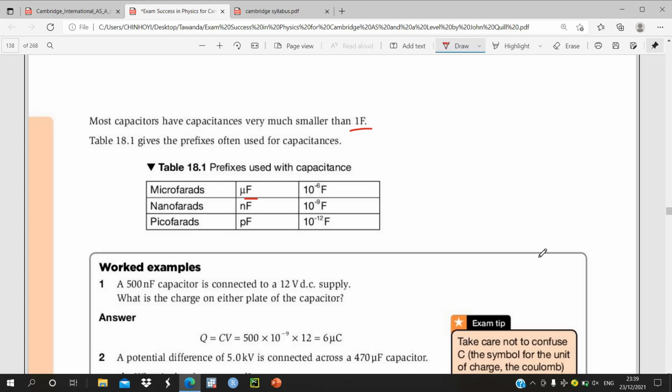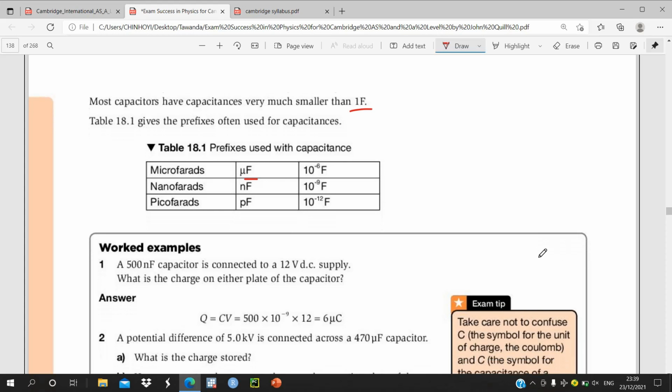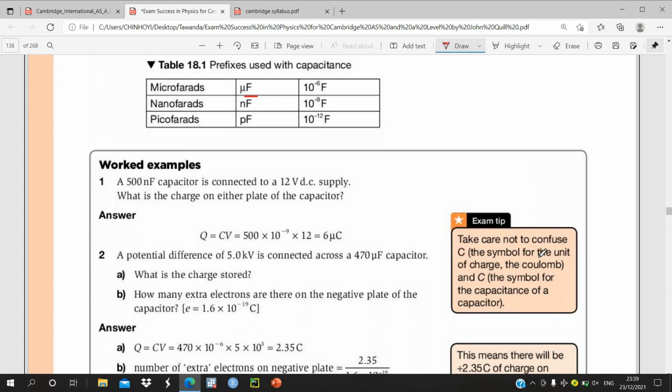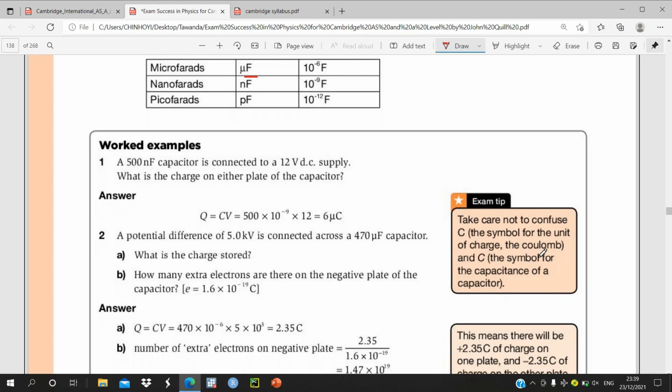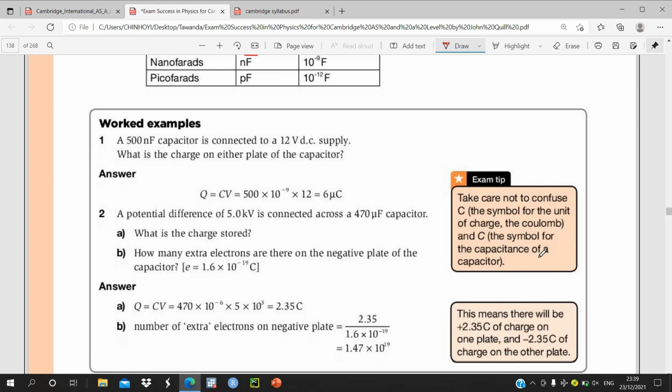Like what I indicated earlier, you must not confuse this symbol C with the other symbol for capacitance, like what we are seeing here. We have this worked example number 1. It says we have a 500 nanofarad capacitor connected to a 12 volts DC supply. What is the charge on either plate of the capacitor?